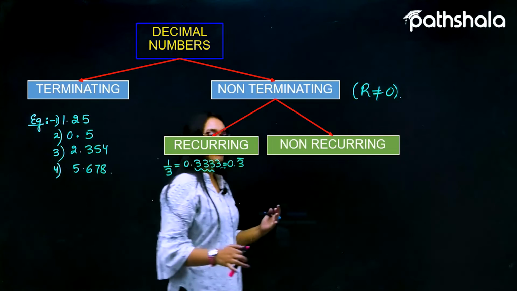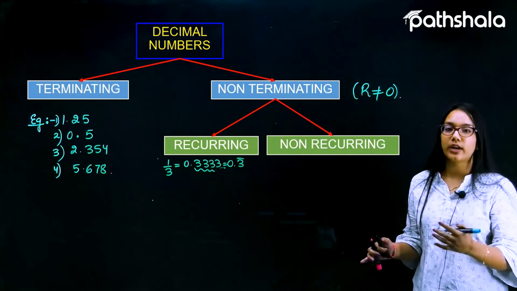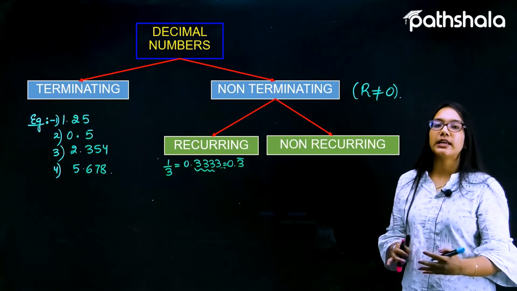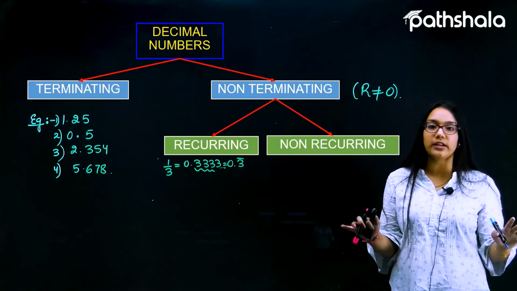Let's move on to the non-recurring one. What is the meaning of non-recurring? It means the number is not repeating but is also non-terminating.